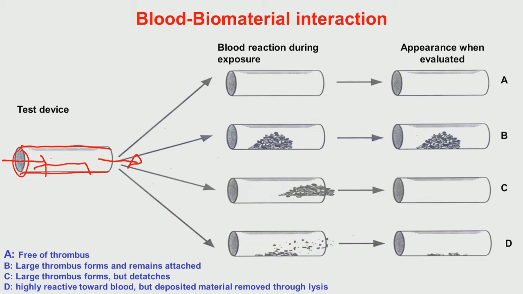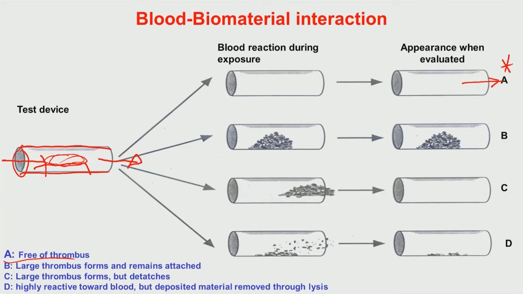Now, when these blood elements interact in this interaction zone with the material, there are a couple of scenarios that I mentioned in the last slide. This is the blood reaction during exposure. In one case there will be no thrombus formation, the blood will simply pass through, so that is free of thrombus. That is the most ideal scenario, which is why I put a star there.